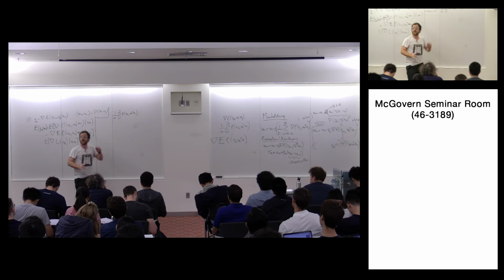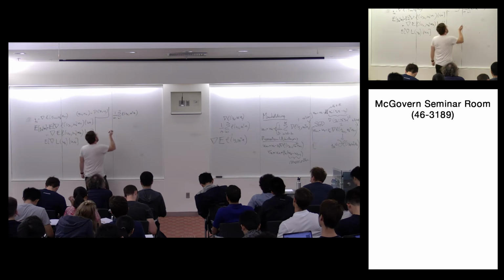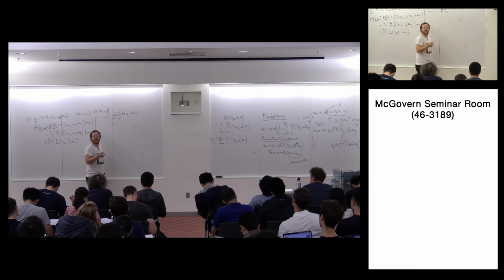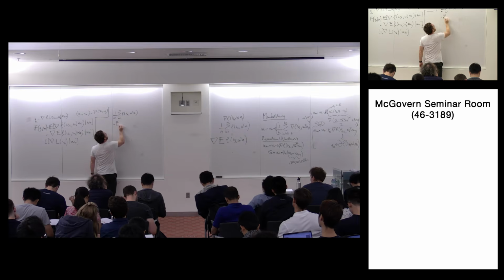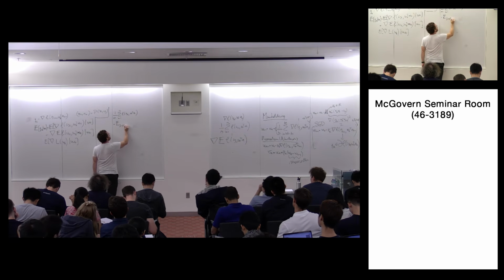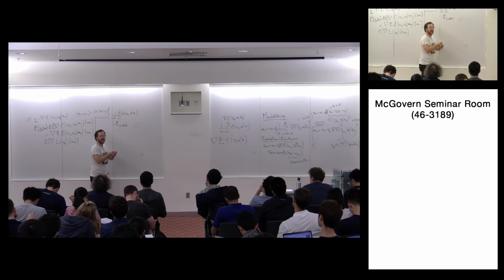The empirical risk. If you wish, you can write it as an expectation over what? You take expectation over a random variable, which is uniformly distributed over the indices between 1 and n, okay?